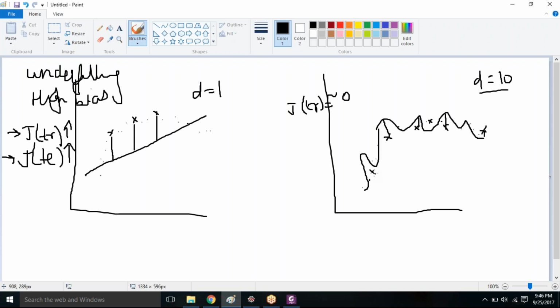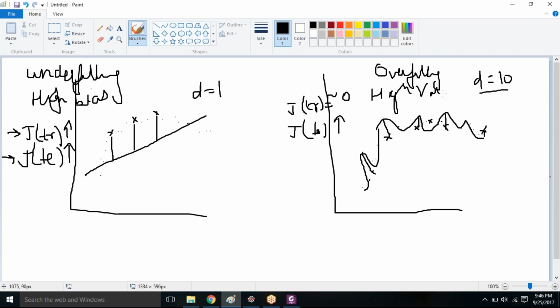In the model itself there is a huge fluctuation, and because of that the cost function on the test data will be high. So these are the two differences. Here, this model is called overfitting. Also, this is known as high variance.